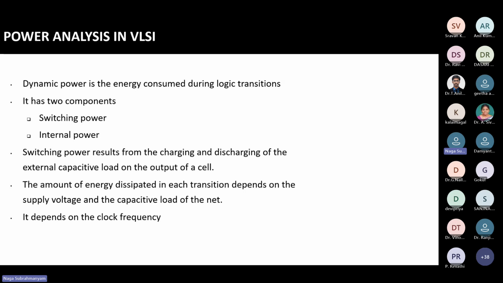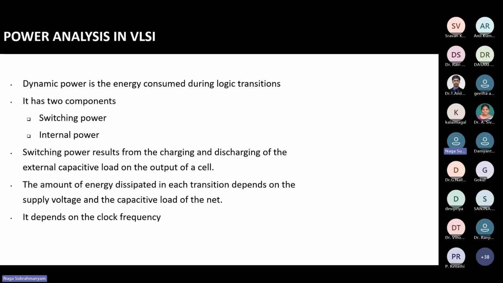One part of the chip will work on one frequency, another part of the chip on another frequency. So frequency scaling also needs to be done. Frequency scaling is directly proportional to the power, right? So this dynamic power consumption is also a problem we are currently facing a lot.